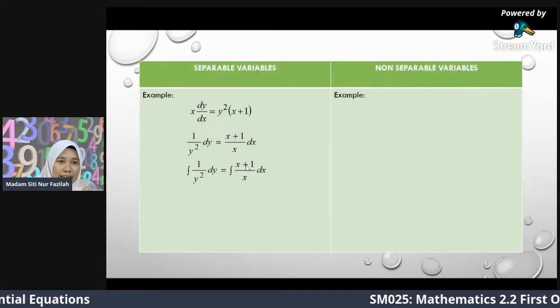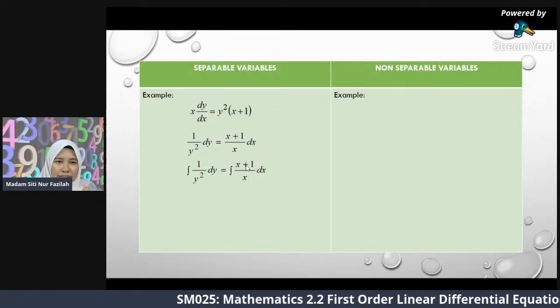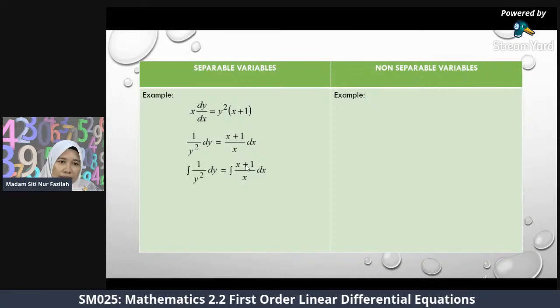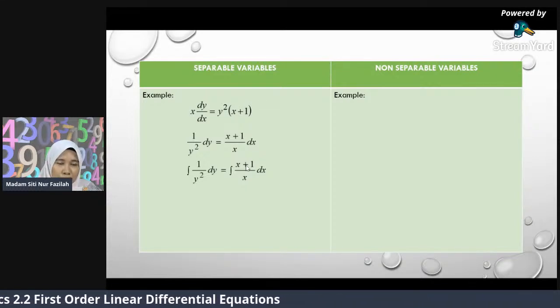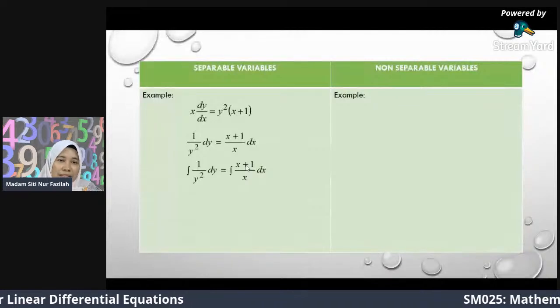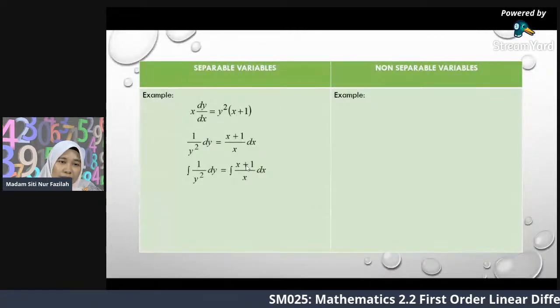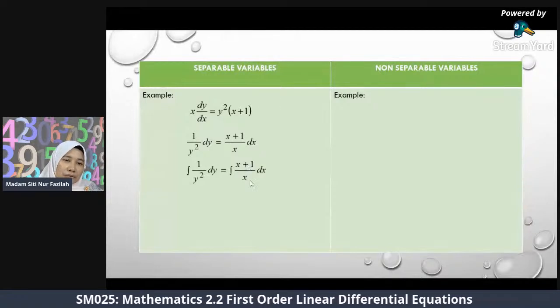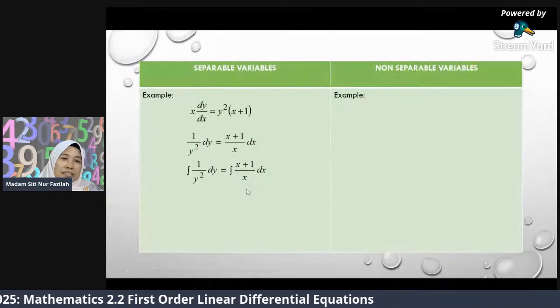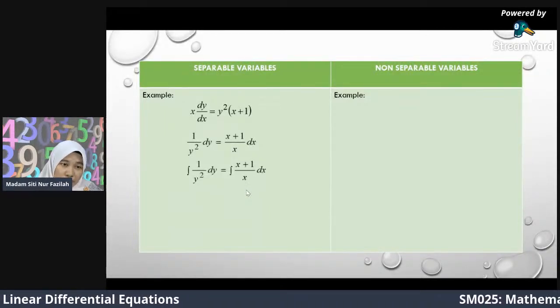We can see that we have split the function of y on the side of dy, and the function of x on the side of dx. Next, we integrate both sides, and after integration we get the general solution first.